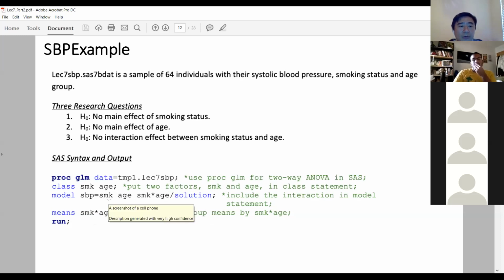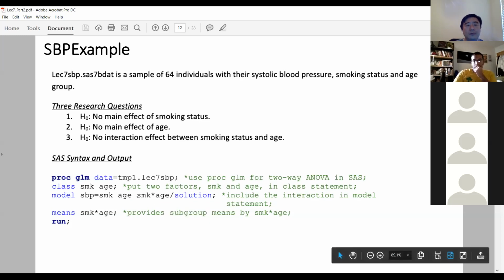In SAS, the way to specify interaction is to put a star. In this example, SMK star age automatically specifies the interaction term between smoking status and age groups. Regardless of how many levels you have in these two factors, it automatically creates all the interaction terms between them.